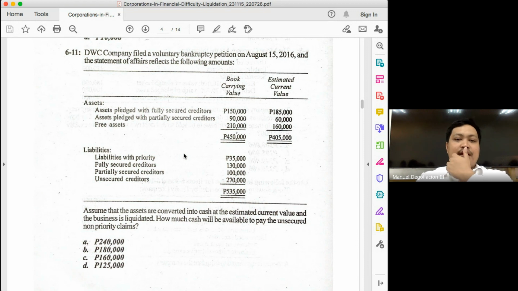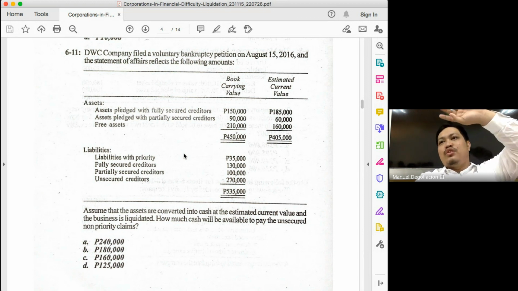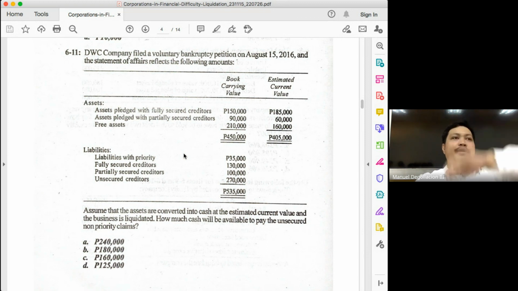And that will already be your net free assets, class. That would be the amount available to pay all unsecured non-priority claims. So the answer in 6-11 would be 180,000.